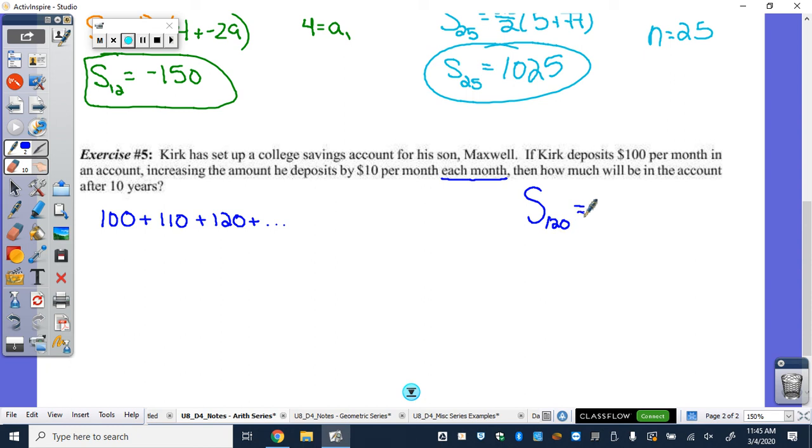So we're doing a sum of 120 deposits that he's made. So we start off with 120 divided by 2 for our formula. First month he deposits 100. How much does he deposit in month 120? We don't know yet.